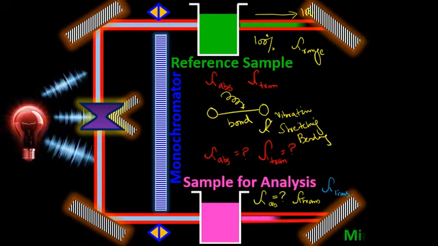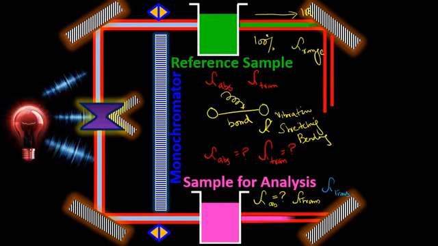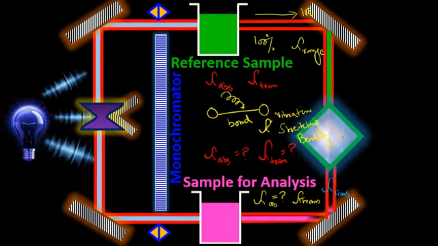And after deflection, the infrared radiation from the mirror will move forward toward a device known as a beam splitter.